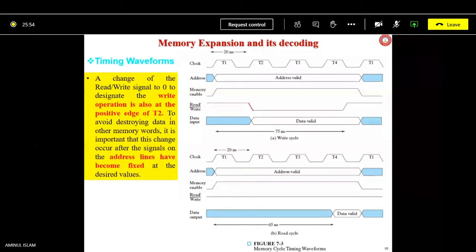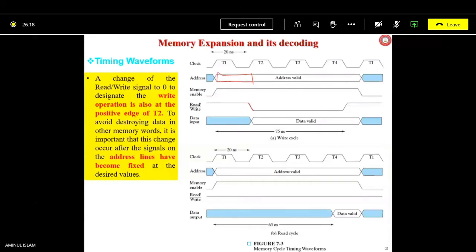To avoid disturbing data in the other memory words, it is important that this change occurs after the signals on the address lines have become fixed. Means the addresses are now settled. Address is what? The bits.